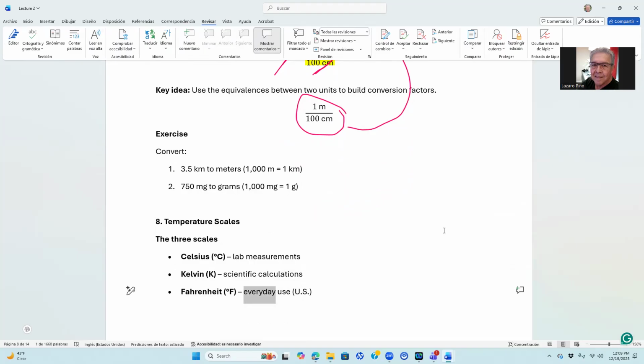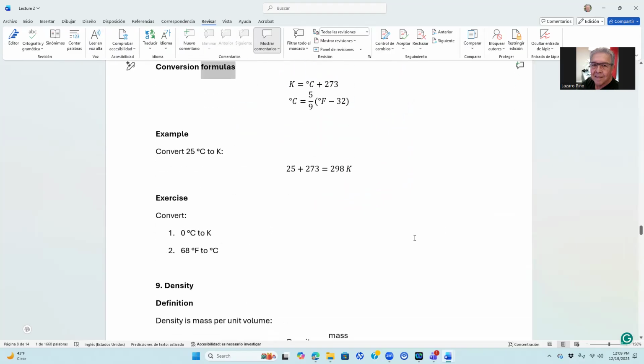Fahrenheit, degree F, everyday use, US. Conversion formulas. Kelvin is equal to Celsius degrees plus 273. This is the formula to convert Celsius into Kelvin.